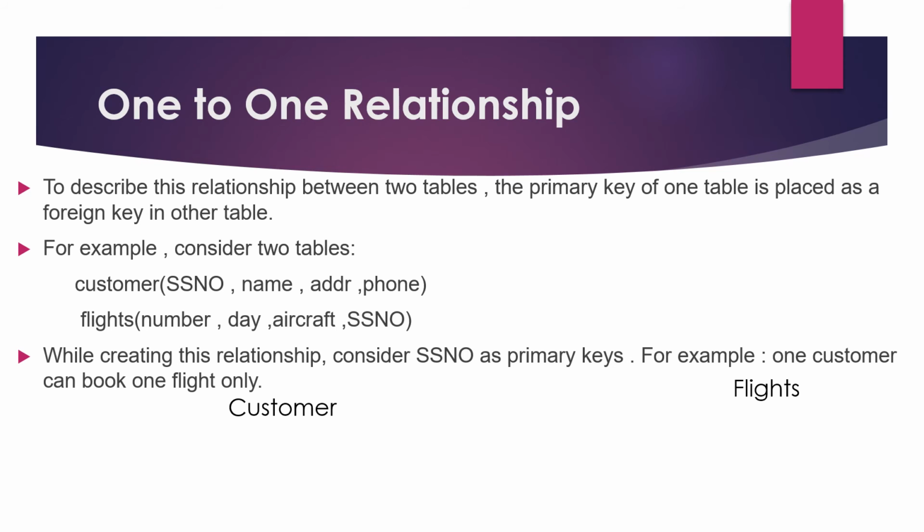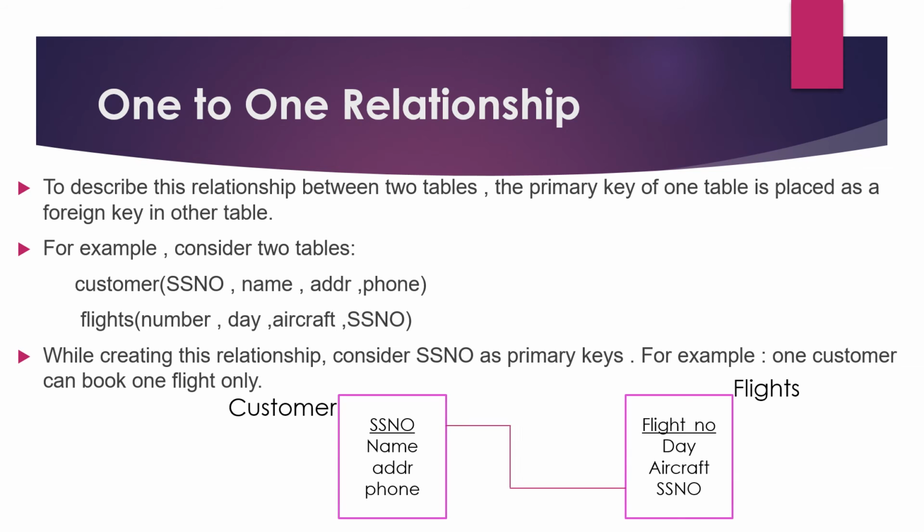First one is the 1 to 1 relationship. To describe this relationship between two tables, the primary key of one table is placed as a foreign key in another table. For example, consider two tables, customers and flight. The customer table has the attributes social security number, name, address and phone number.